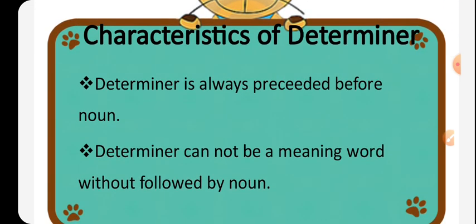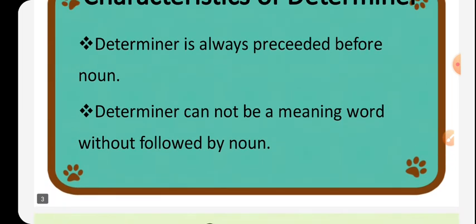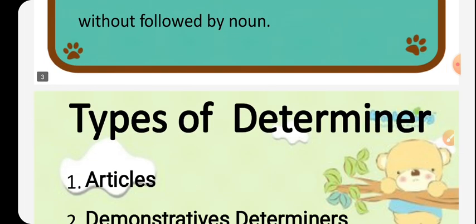Characteristics we have already done: a determiner always comes before a noun, and a determiner cannot be a meaningful word without being followed by a noun. So determiners can never follow, as I told you. Again, this is just telling the same thing, that a determiner will be followed by a noun and it will be before a noun only. So these are the characteristics.